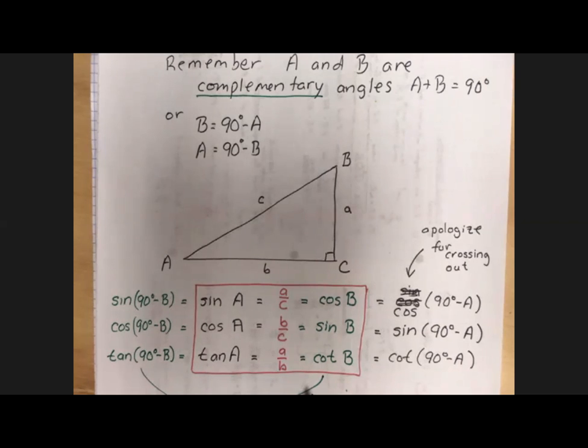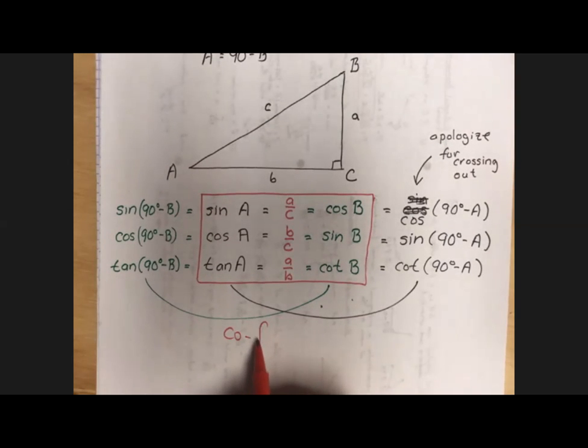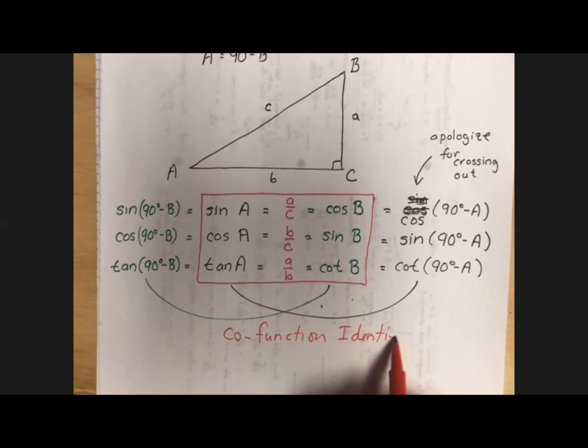This green column here and here, and this black column here and here, these matching things are called, excuse me, the cofunction identities, and they're listed on your formula sheet.